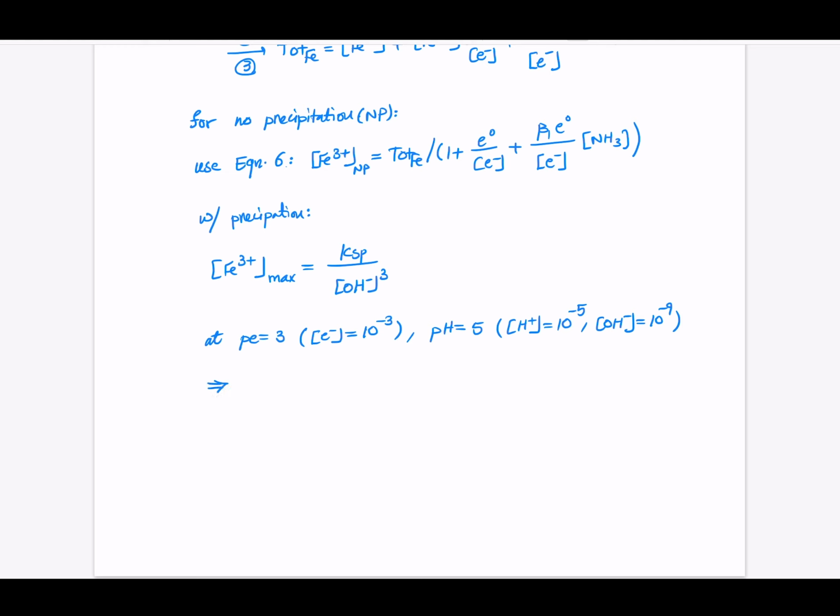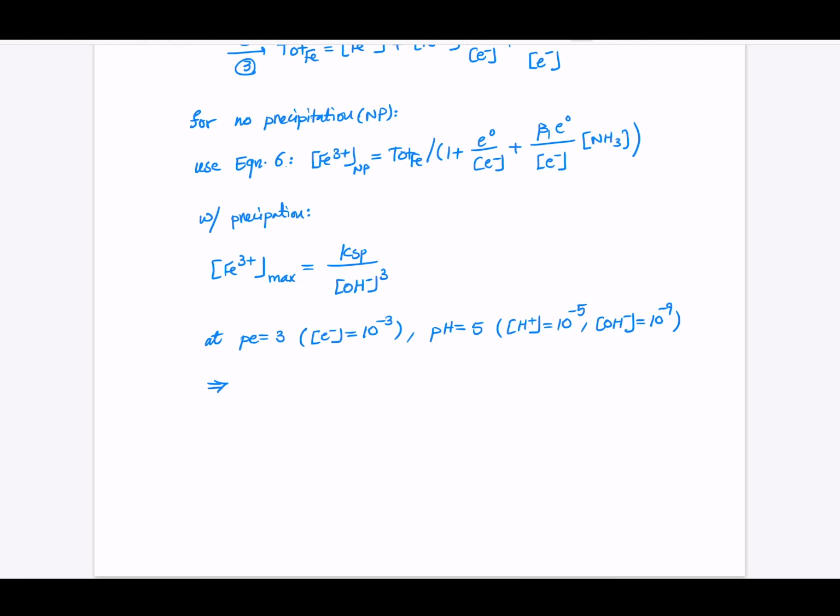Then we calculate the concentration of Fe3+ max and Fe3+ no precipitation. As always, we pick the minimum, because there is a limit of having Fe3+ in the solution for this given condition, and that limit is the KSP value.